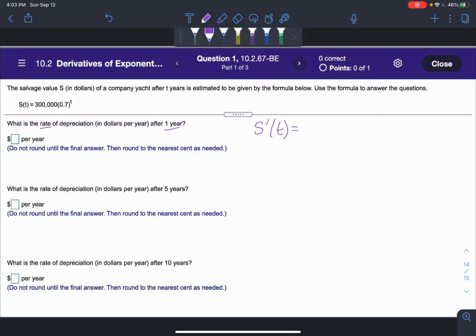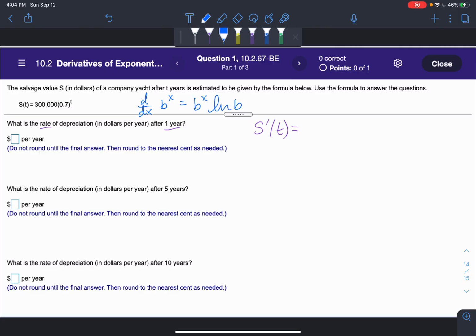I notice that I kind of have that situation again where I have this constant raised to a variable, which is not a variable raised to a constant. So we're going to use d dx of b to the x is b to the x, natural log of b.